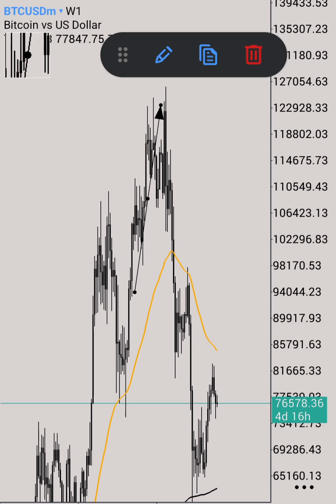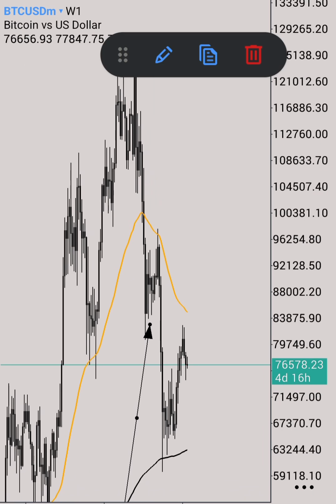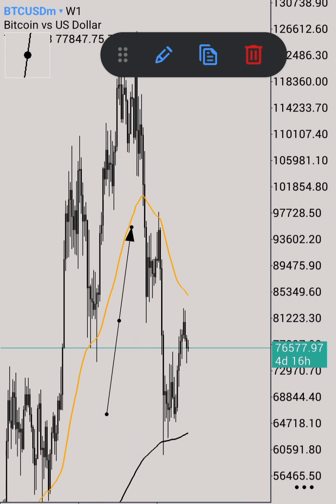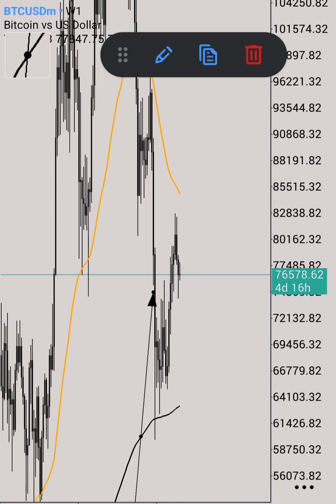We have this impulse to the upside, then we have this massive break to the downside, giving us a change of direction. Then we have this retracement to the upside, then we have a push down, and we have a retracement, right? So we have been having a series of lower low, lower high, lower low, lower high. So we expect the market to continue to the downside.